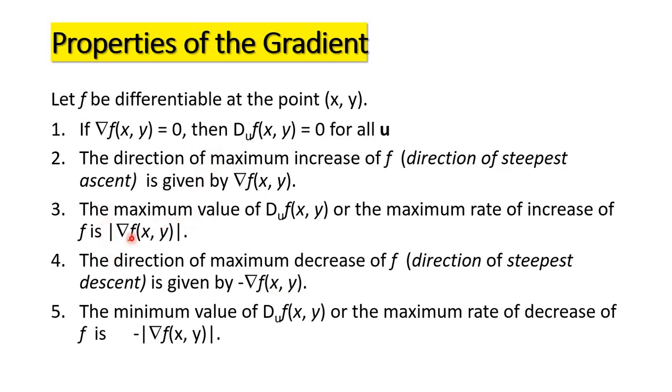The magnitude of the gradient vector is actually the maximum value of the directional derivative. The negative magnitude of the gradient vector is the minimum value of the directional derivative, or we call it the maximum rate of decrease, and the maximum rate of increase.